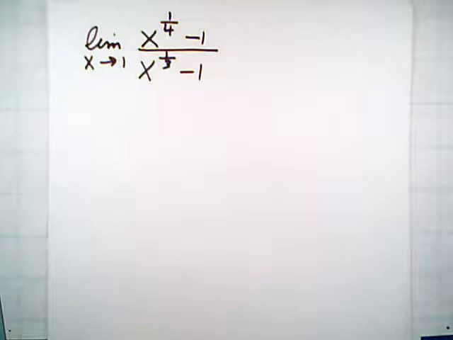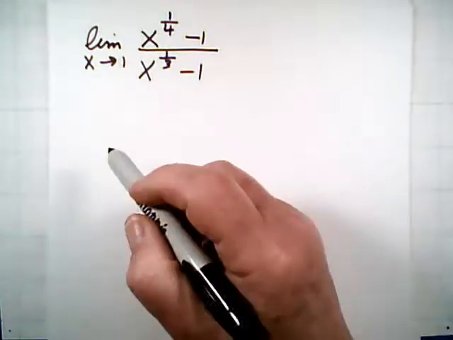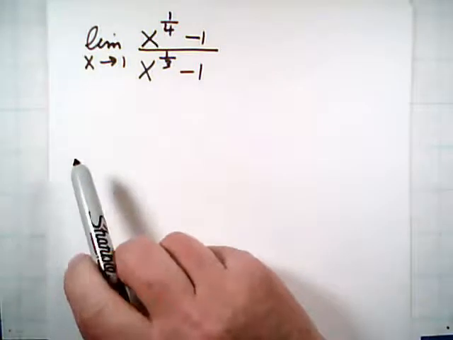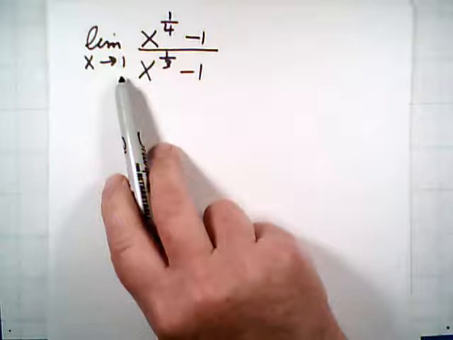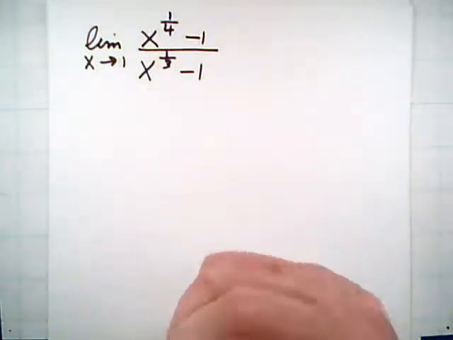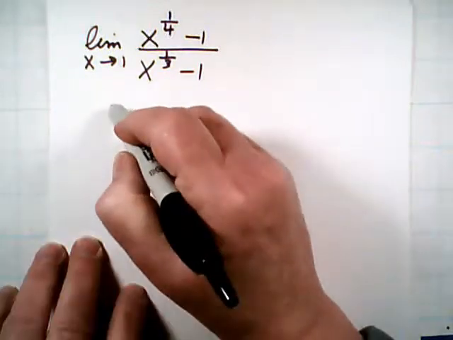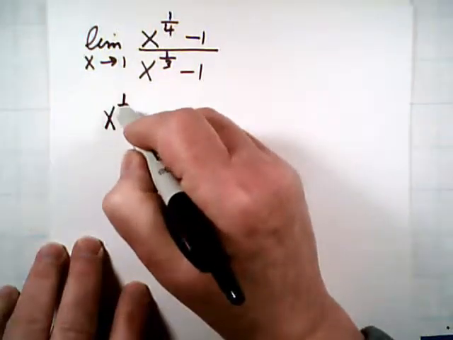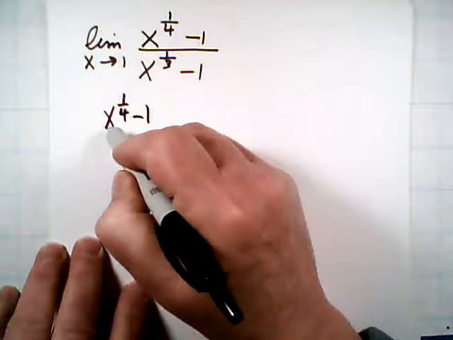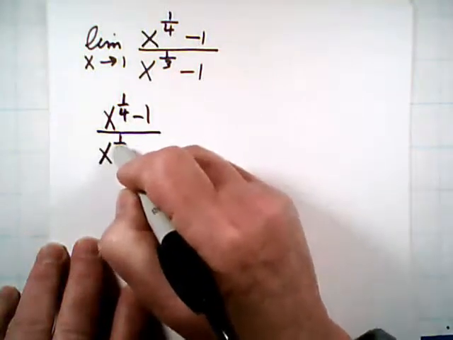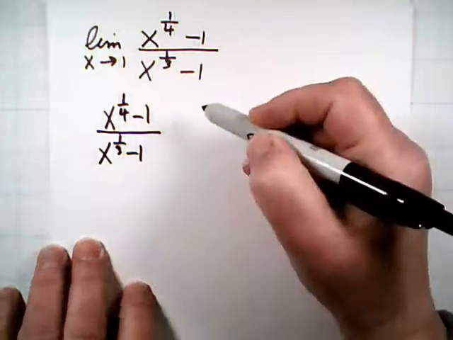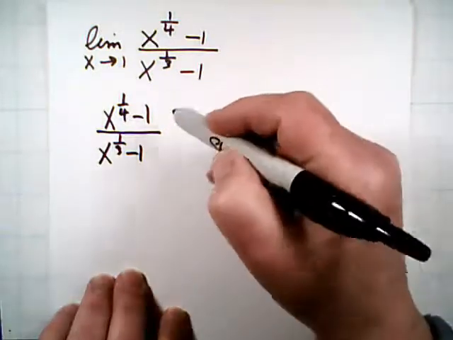Now what's the first thing you do anytime you encounter a limit problem? The answer is you evaluate the limit. What that means is you substitute in for the variable the value of the variable in its limit, in this case 1. So we are going to take x to the 1/4 power minus 1 divided by x to the 1/3 power minus 1 and evaluate it with x equal to 1.